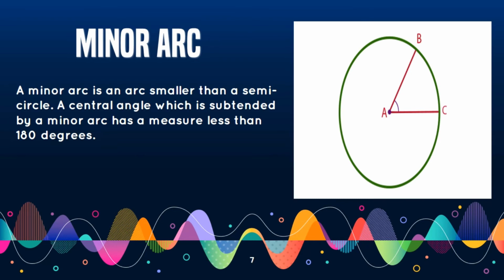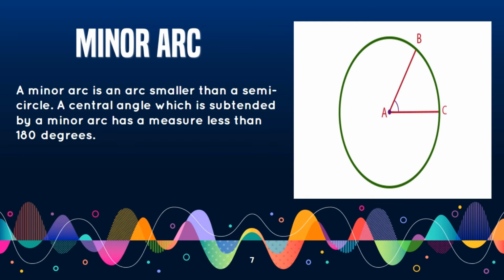The next is the minor arc. A minor arc is an arc smaller than a semicircle. A central angle, which is subtended by a minor arc, has a measure less than 180 degrees. So in our example, we have the arc BC as a minor arc, since it has a central angle whose measure is less than 180 degrees, and that central angle has a subtended arc BC, which is less than 180 degrees also.